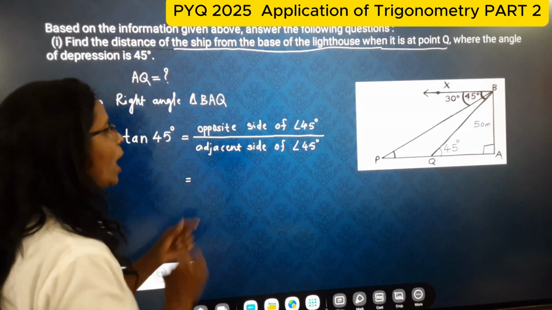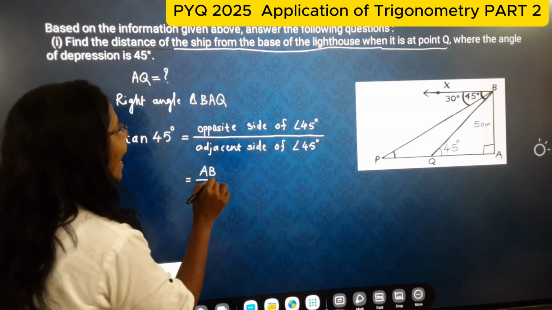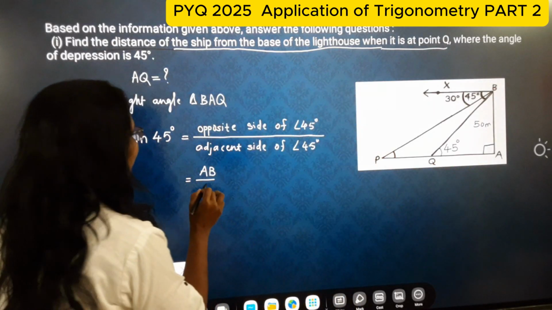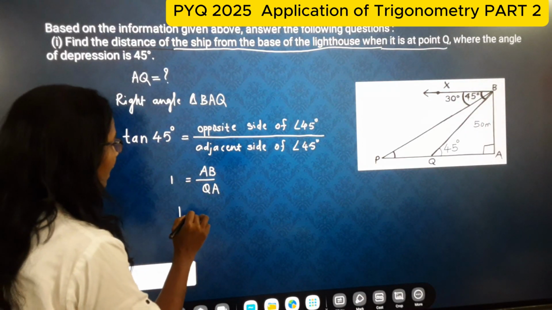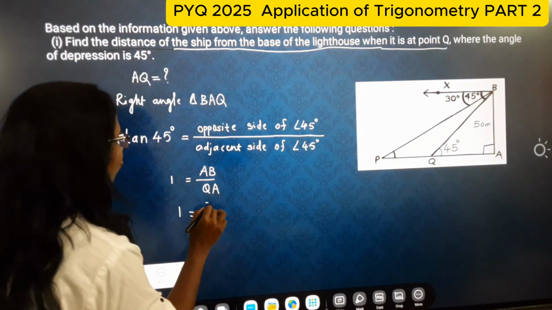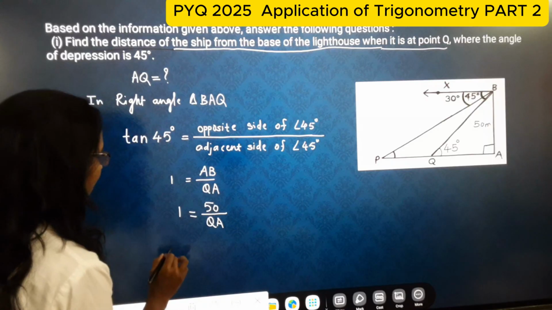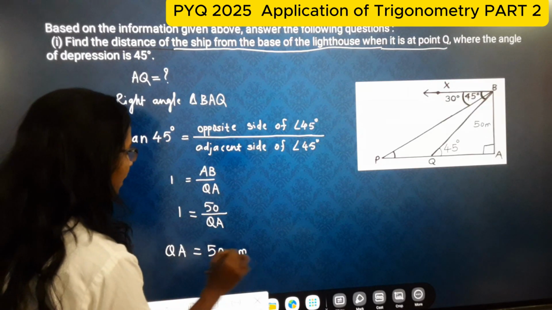The opposite side is AB, and the adjacent side is QA, and tan 45° is equal to 1. So 1 is equal to AB, that is 50 meters, divided by QA. So QA is equal to 50 meters.